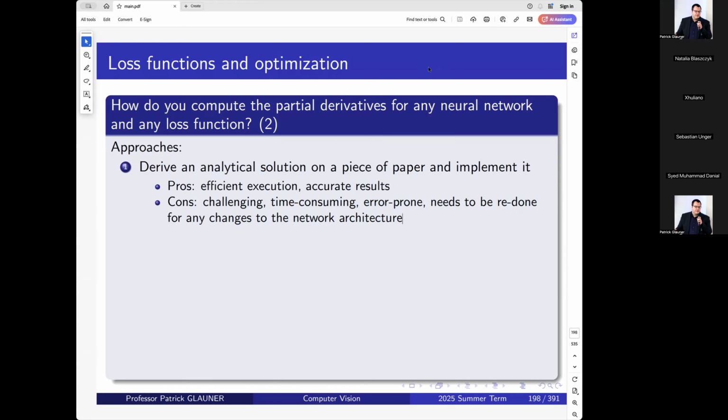And when you look at publications of neural networks until the early 2000s, until 2005 or something, most of the work when there were papers proposing new neural networks was actually doing this backpropagation and figuring out analytical solutions for the partial derivatives that could be plugged into the gradient descent. Once you have this, obviously it runs super efficiently on a computer and you get very accurate results.